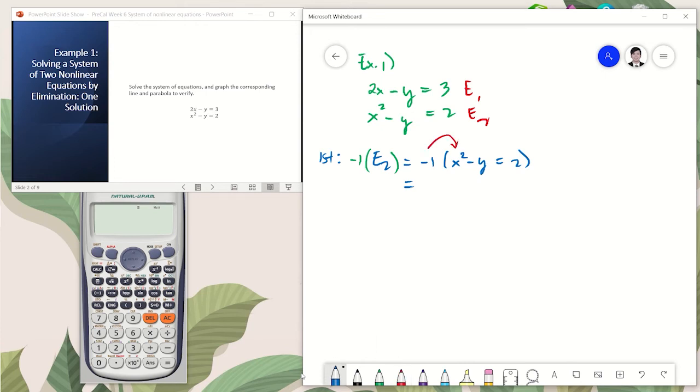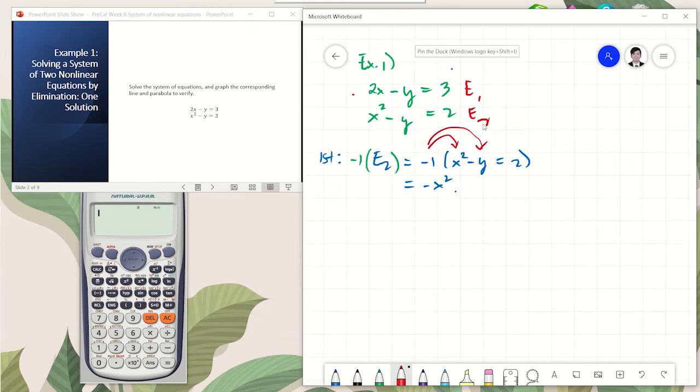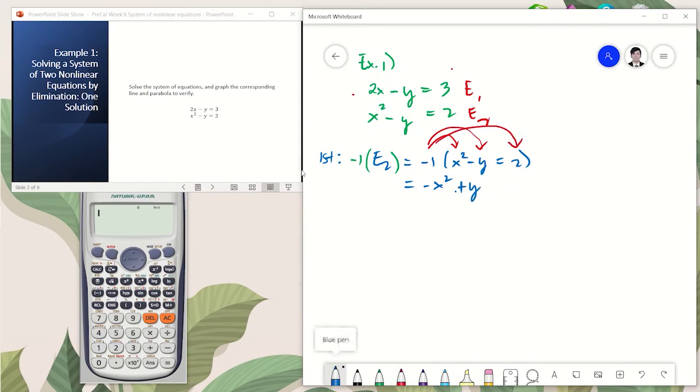This will become negative x squared, and then distribute the negative 1 to negative y, which turns out to be positive y, and this will become equals negative 1 times 2 is negative 2.